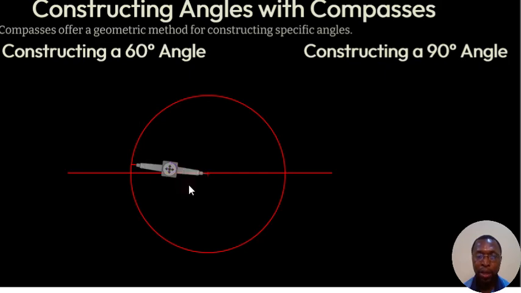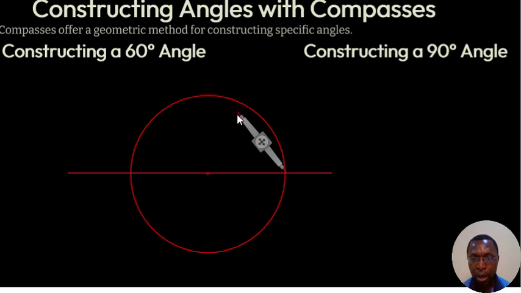Then, still using the same radius, you move to the other point where the circle cuts the line. Move it up a little.